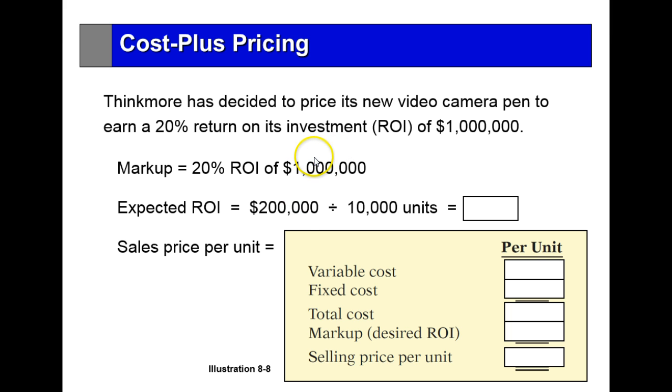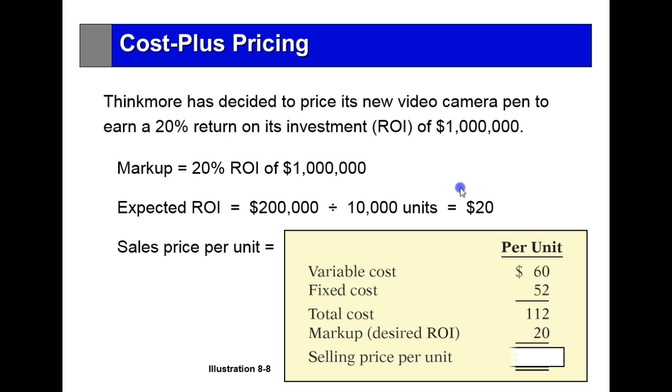But to break it down per pin, we take 200,000 and divide that by 10,000 pins, which means we want a return on investment of $20 on each pin. So if we take all of our costs, that means we need to sell this video pin for $132 to meet our goals, our objectives.